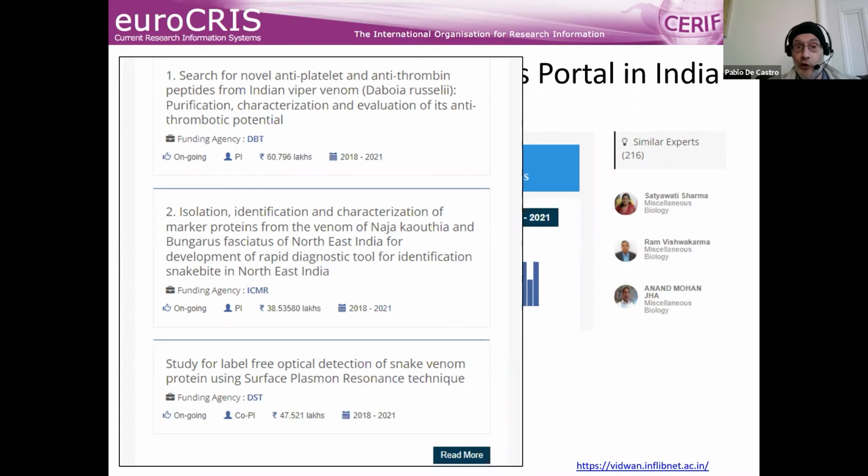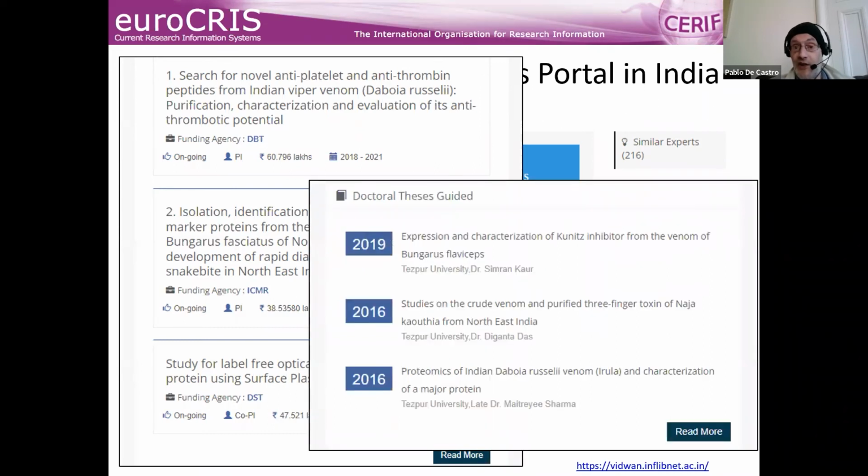All three projects on the slide are ongoing. All three are related to venomous snakes, as you can see. And you can also see the dissertations that this professor has directed or guided, 2019, 2016, 2016, again around snakes and snake venom, all of them at Tezpur University.